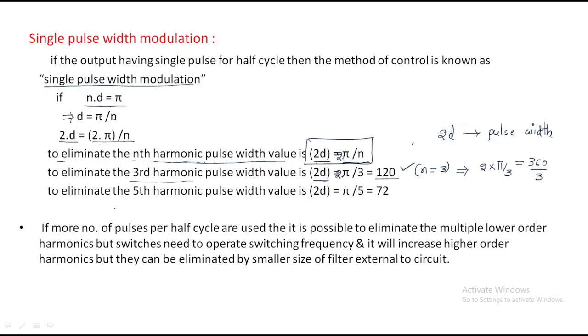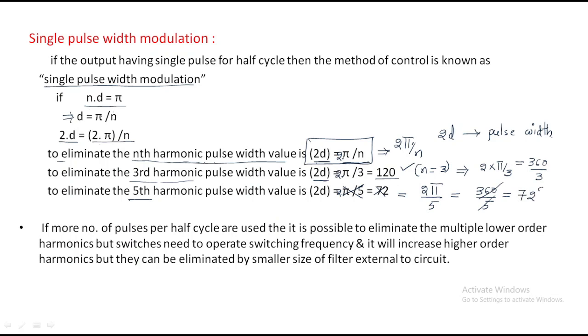120. Next, to eliminate the fifth harmonic, the pulse width value is the same. Here the 2 is missing, just put 2 here. This was wrong actually; the formula is 2 5 by n. It was a mistake. So right here, 2 5 by 5. 2 5 means 360 by 5. This is 72.